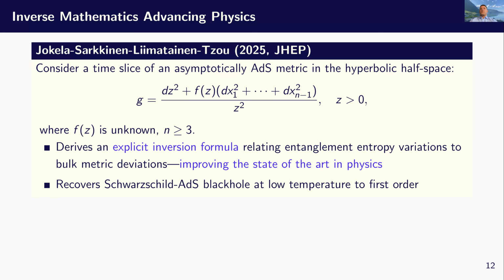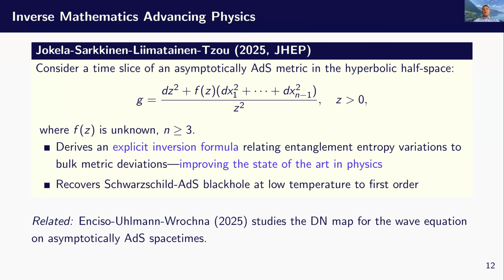And what I want to say from this result is that we were actually able to derive an explicit inverse formula relating the entanglement entropy variations to bulk metric deviations. So in mathematical language, this means that we were able to solve the linearized problem explicitly. And the nice thing about this paper was that it actually improved the state of the art in physics. So the inverse mathematics was here able to advance physics. So that was pretty nice. Yeah, we recovered the Schwarzschild black hole at low temperature to first order.